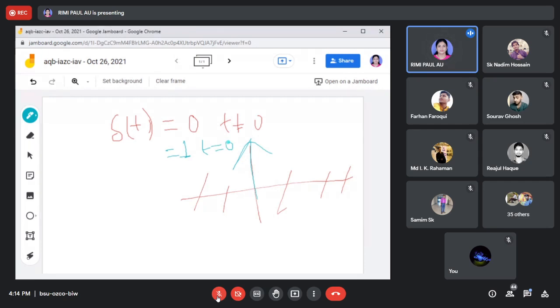A sudden spike at t is equal to 0. There is no fluctuation in our signal; suddenly, while one alternating wave is going on, the magnitude increases to a very high value, voltage or current whatever, and we can say that a spike happens. So when does this spike happen? At t is equal to 0, suddenly it will increase.